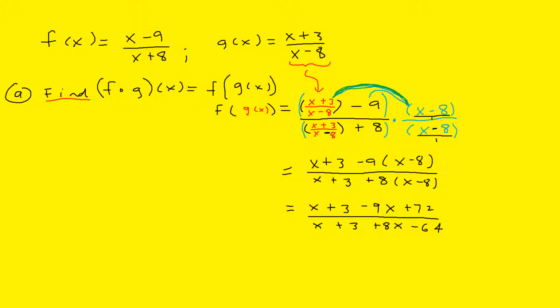And then there will be like terms to combine, because of course the x here, which is 1x, is like with the negative 9x. 3 and 72, those are like terms, and they can be combined. x and 8x are like terms. 3 and negative 64 are like terms.